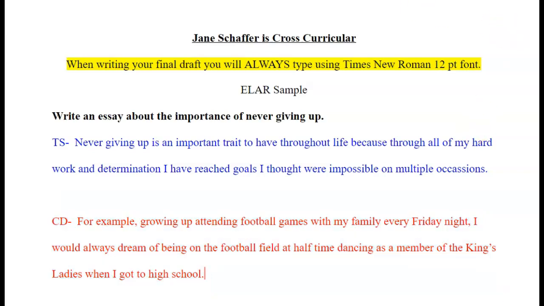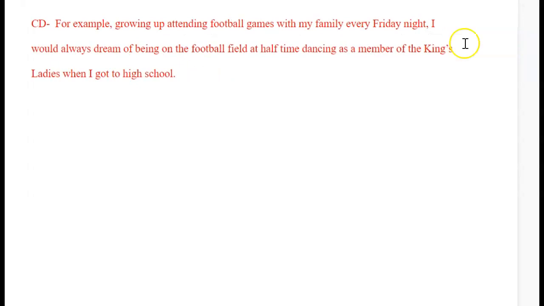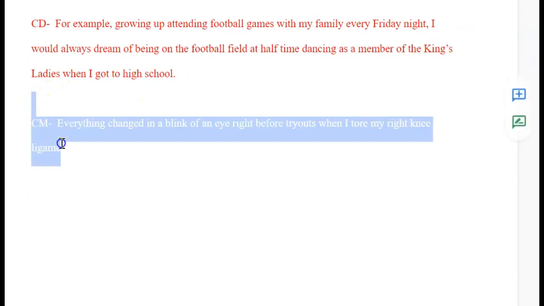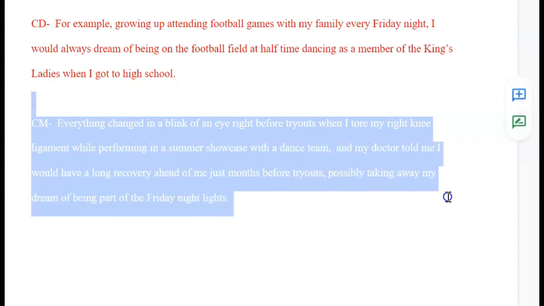From there, we go to our commentary. The commentary is elaborating on the concrete detail. These sentences, there's going to be 2 of them, will be green in color when you type them on the computer.